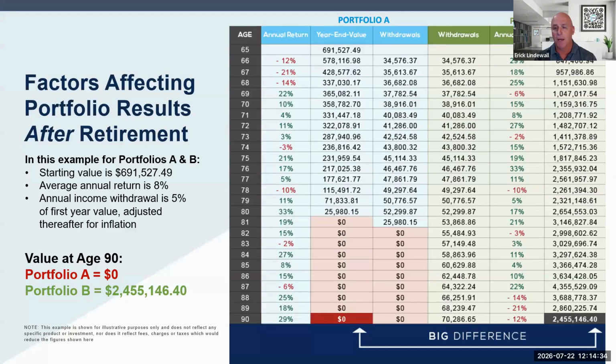I had a little smirk on my face, and my wife said, "Well, what's the smirk for?" And I said, "Gosh, this gentleman is the face of sequence of return risk." She asked why, and I explained to her. But the reality is the face of sequence of return risk lives in every big box store in America. I challenge you all to go to a Home Depot or a Walmart or a Lowe's and take a mental census of who's working there, who's wearing the orange aprons.